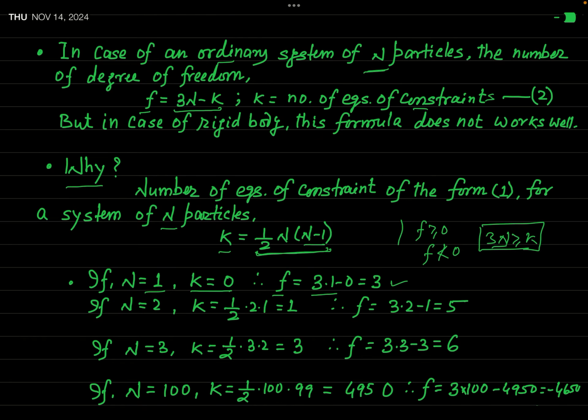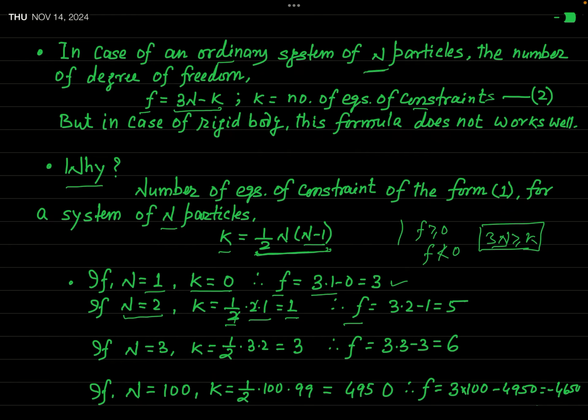Now, if we consider another simplest system containing 2 particles, it means you are taking n equal to 2, then what will be k? Utilizing this formula, you can find the value of k, and that will be 1 over 2 times 2 times 1. n minus 1, that is 2 minus 1, will be 1. And this 2 and this 2 will cancel, so this will be 1. So in this case, the number of equations of constraint is equal to 1. So what is the degree of freedom?